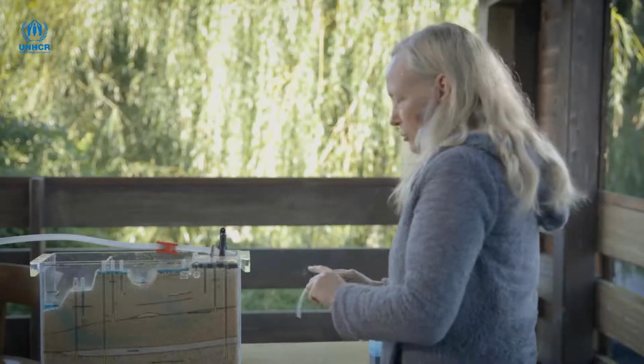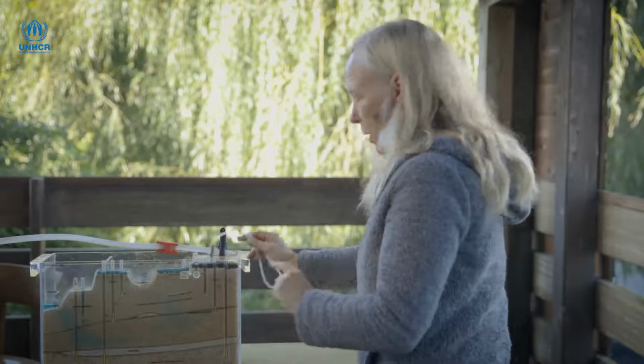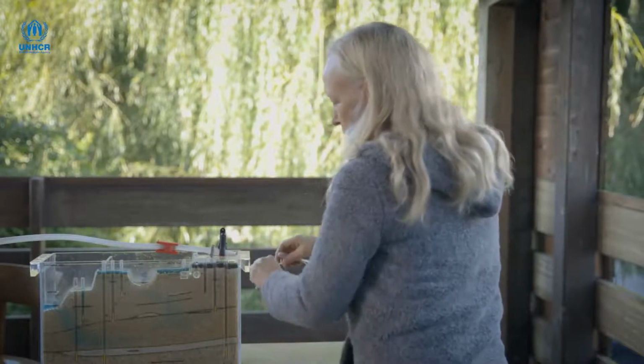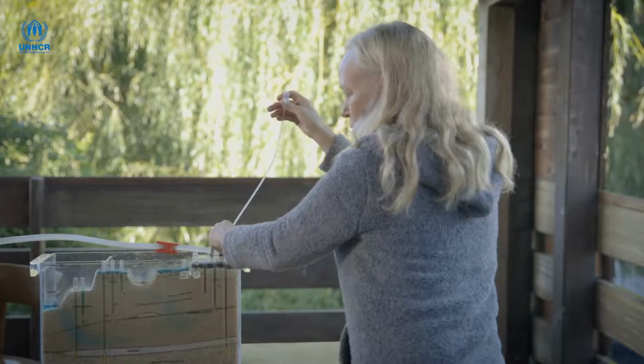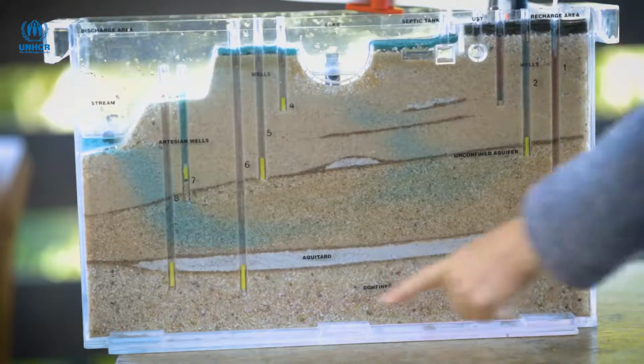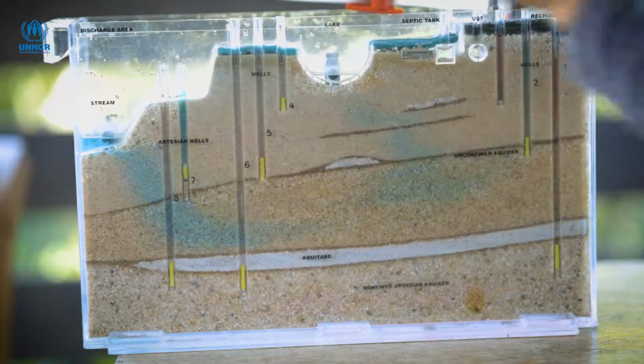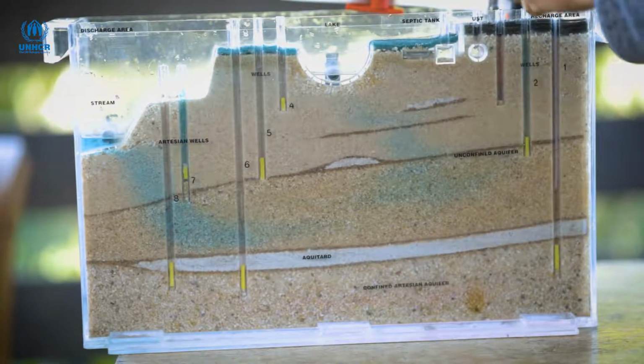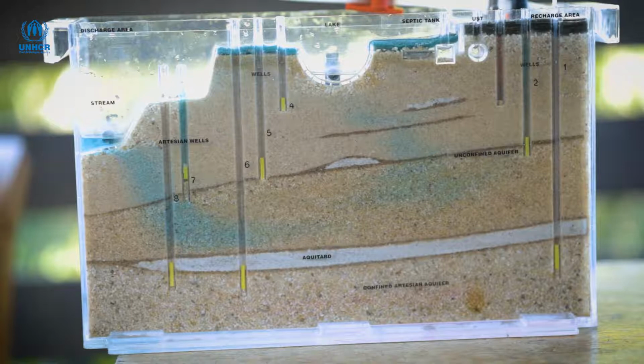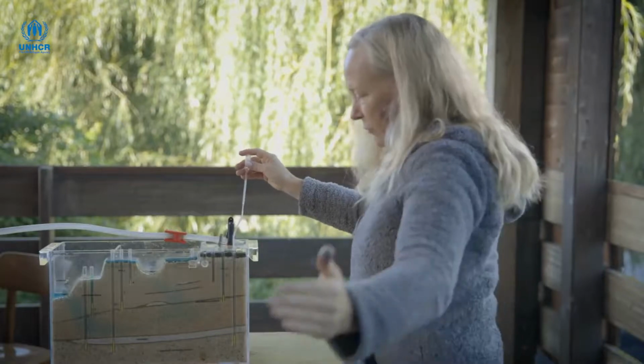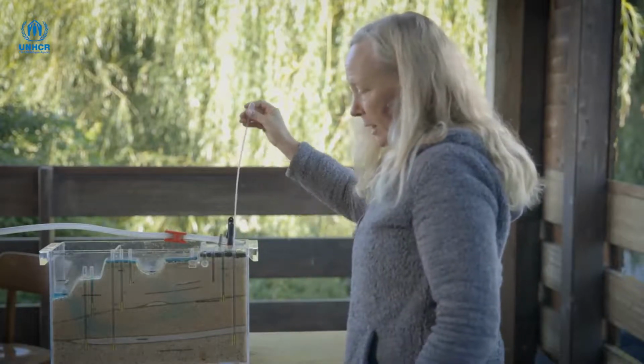So with respect to effects of pumping onto other wells, here we can have a nice example. If we inject or if we pump in this well, which is connected to this well here, if we inject water in this one, you will see that the water is actually coming out of this one here. Why is that? Especially in confined aquifers, pressure waves are very fast, are propagated very quickly.